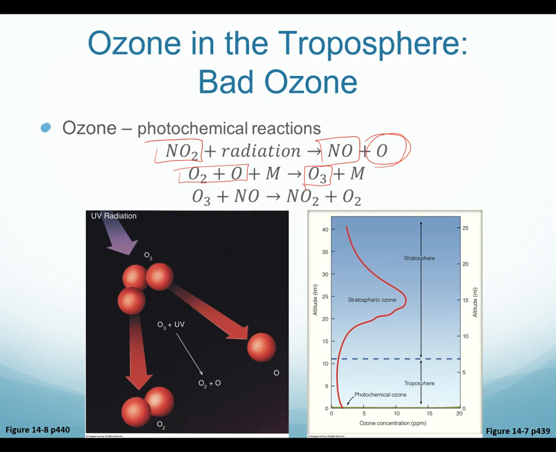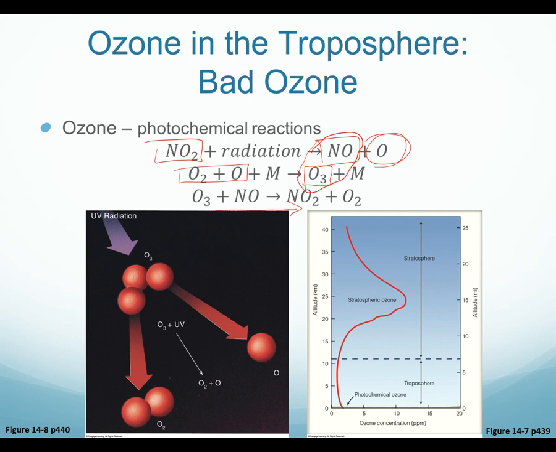So yeah, kind of a problem. Thankfully, this is a reversible process. If you combine the ozone with the NO that we created earlier, that can get us back to what we had before, NO2 plus O2. So it is a reversible process. So that is the good news.